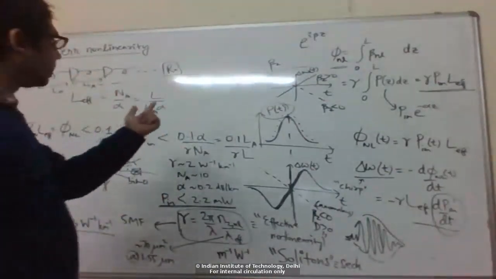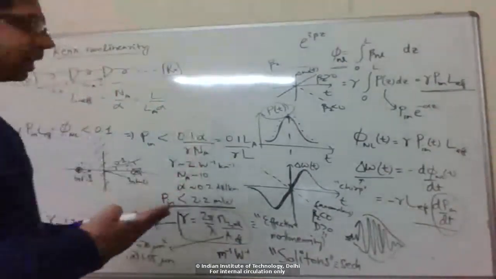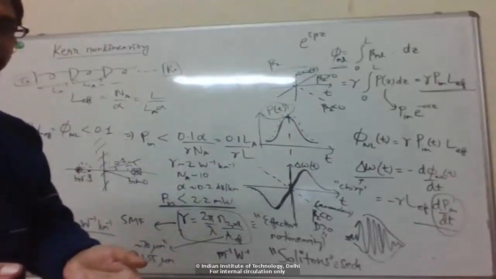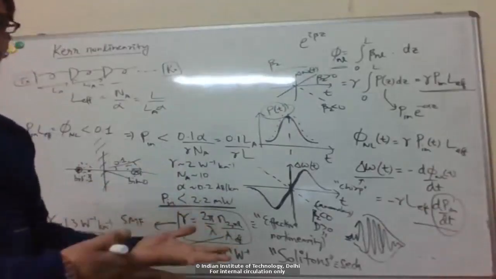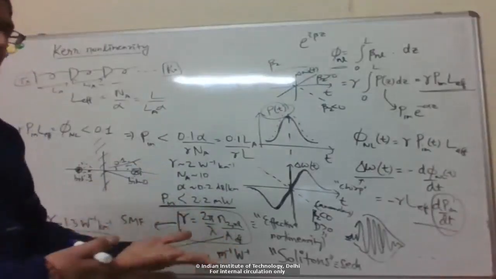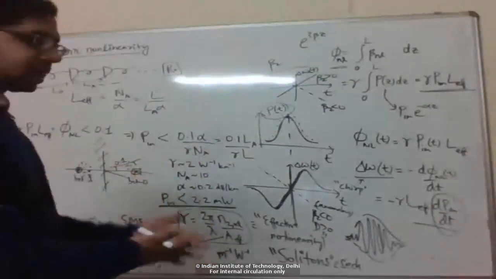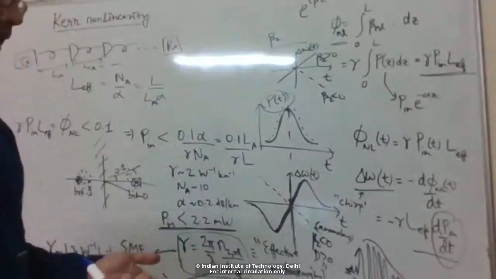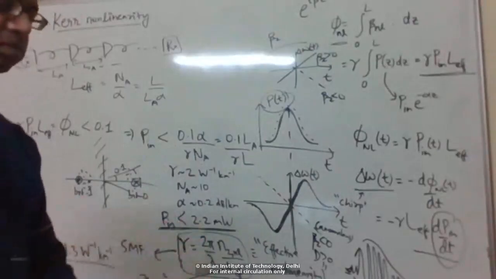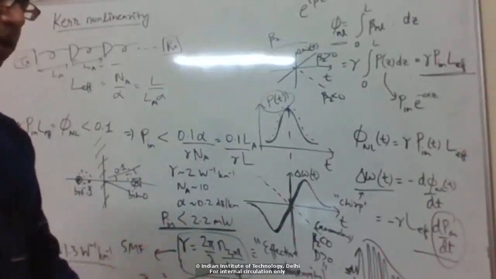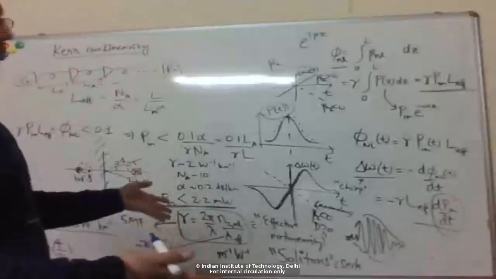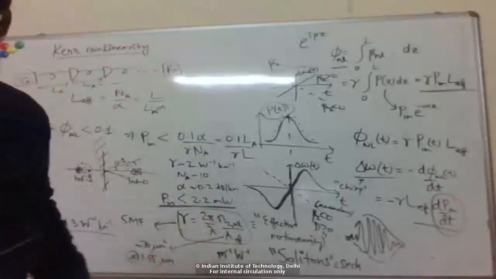What can happen is that the intensity is now modified by the pulse at a particular wavelength lambda 1, so it modifies the refractive index, but this modified refractive index is seen by the other pulse also at a different wavelength. So you can see that now the intensity of the pulse at lambda 1 will cause a phase shift for the pulse at lambda 2, due to the same kind of effect.